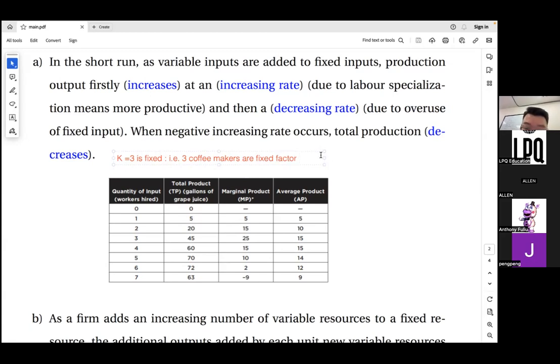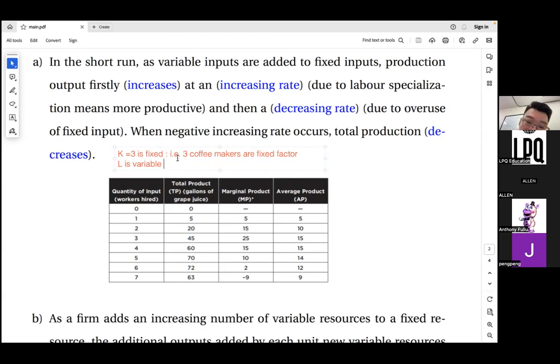I'm just assuming that within a shorter period of time, I cannot get more coffee makers. But labor is a variable. If I say labor is a variable, I mean within a shorter period of time, you can hire more workers. But 3 coffee makers is fixed.